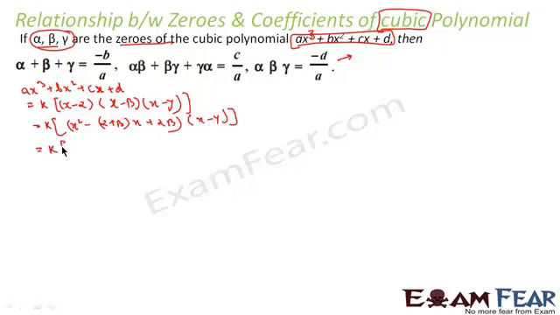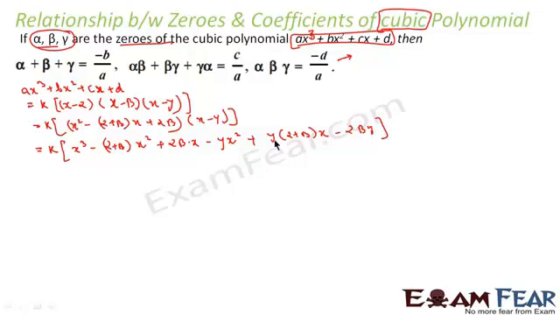So let's solve it further. x into x square is x cube, minus alpha plus beta into x is x square, plus alpha beta x, minus gamma into x square, minus gamma into alpha plus beta into x, plus gamma alpha beta, sorry, minus alpha beta gamma. This is what we have got.